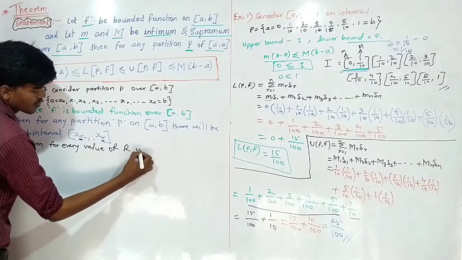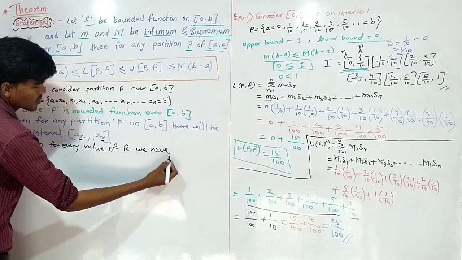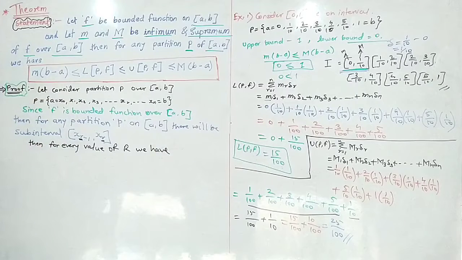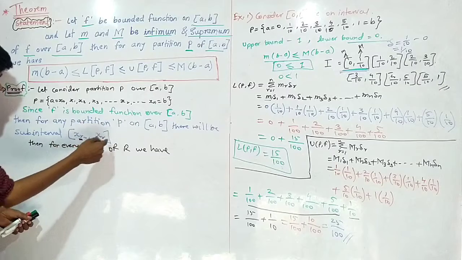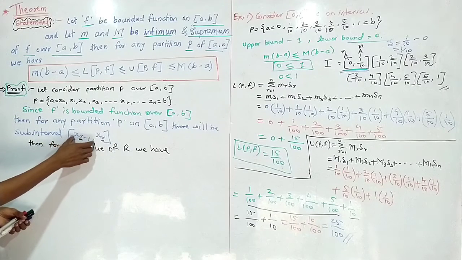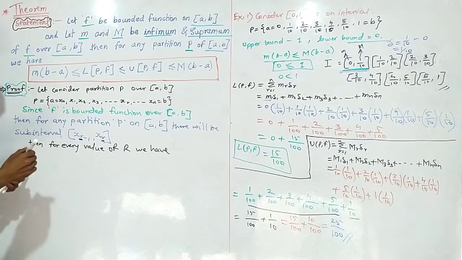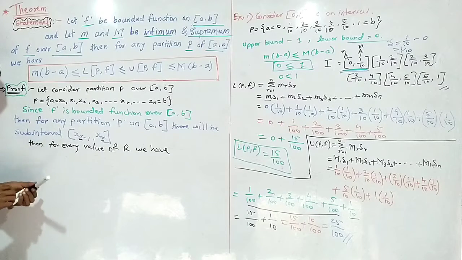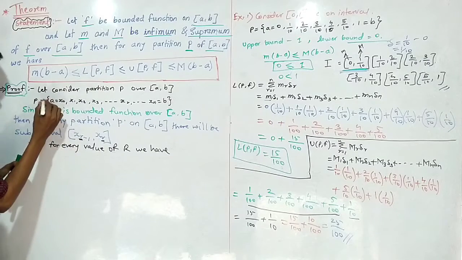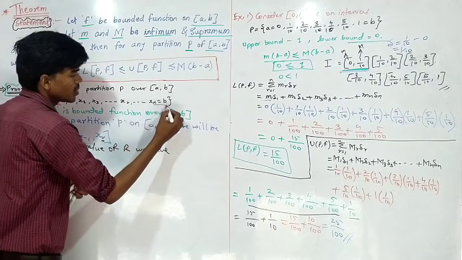Any sub interval has a lower bound as well as an upper bound. So here also in this partition we have our lower bound as well as upper bound.